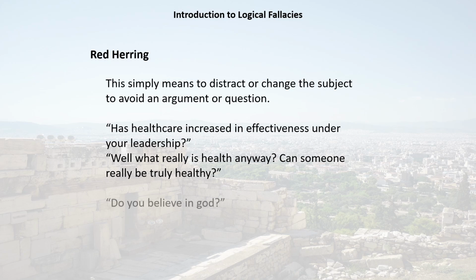Or someone asks, do you believe in God? And someone responds, what do you mean by believe? So this is simply avoiding the question or changing the subject to avoid answering a difficult question or criticism. The last one, what do you mean by believe, can be a legitimate question, but not when it's fairly obvious and someone's already said what they mean by believe.